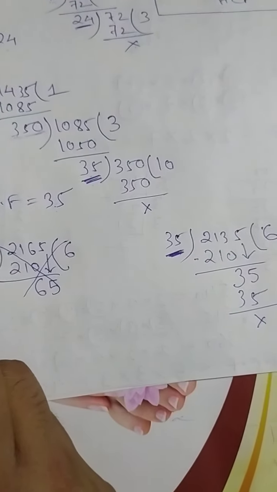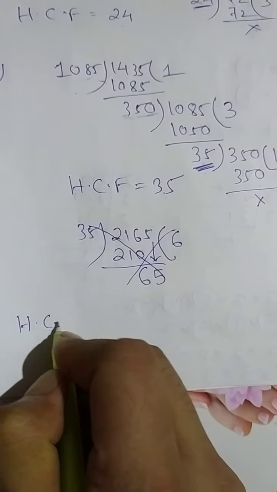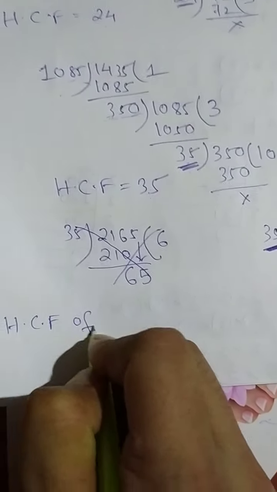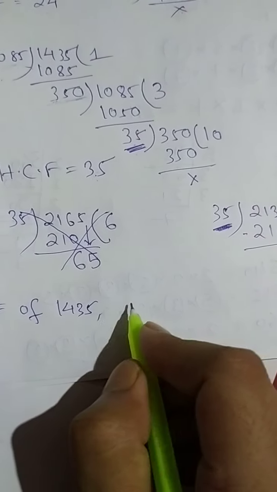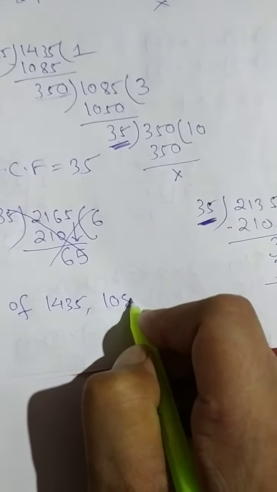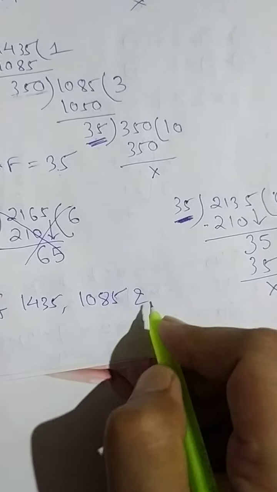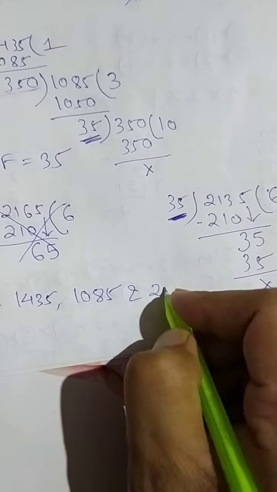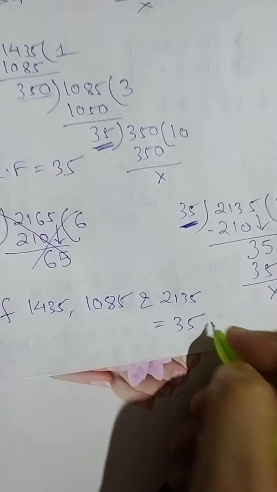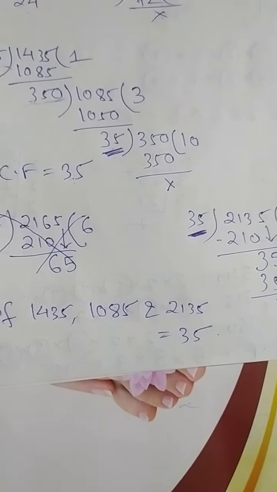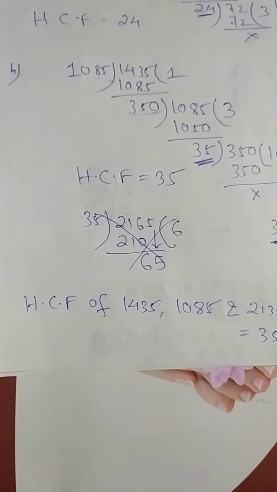So you can write down HCF of 1435, 1085 and 2135 is equal to 35. Okay, I hope the method is clear to all of you.